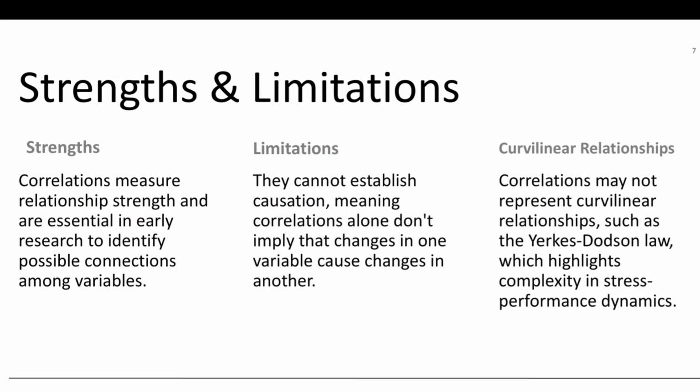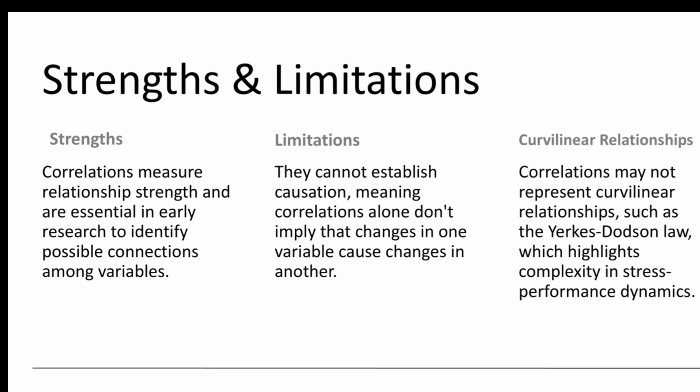Okay, so what are the strengths of correlations? Correlations measure the strength of a relationship. So we can see whether something's very closely related or if there's just a slight relationship. It gives us a numerical figure. So we can say there's a strong relationship between X and Y, or there's an average relationship, or there's no relationship.